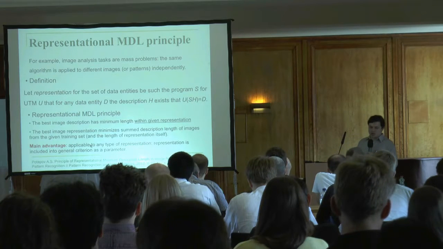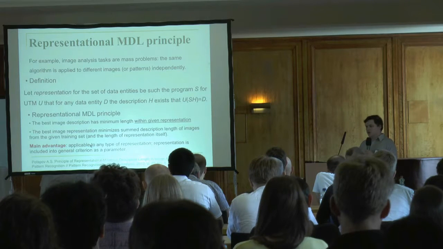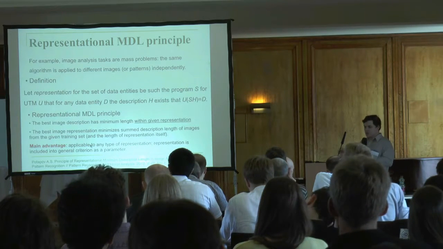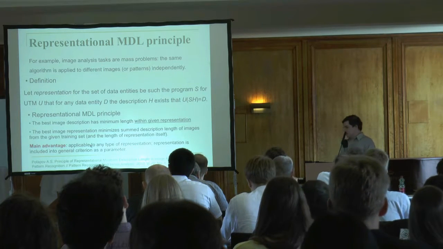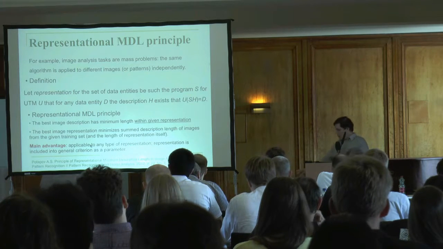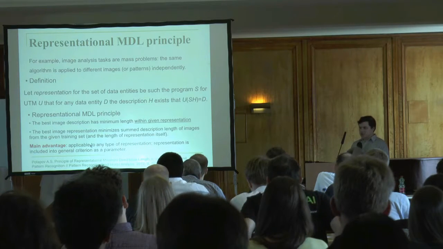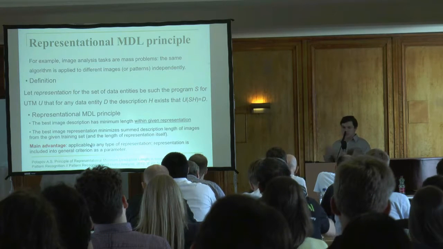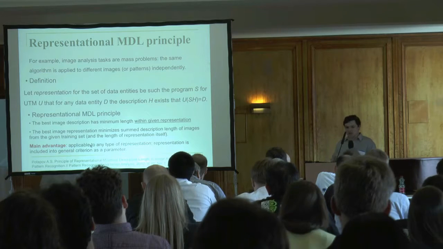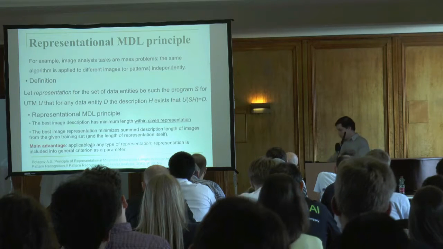So, well, I decided not to add slides about these theories, but they could be quite useful in practice, but they don't try to bridge the gap between universal and practical methods, so I'll skip them. But when we are talking about the representational minimum description length principle, we say that for each specific task, we can try to construct a representation which can be taken from the Turing complete model space.